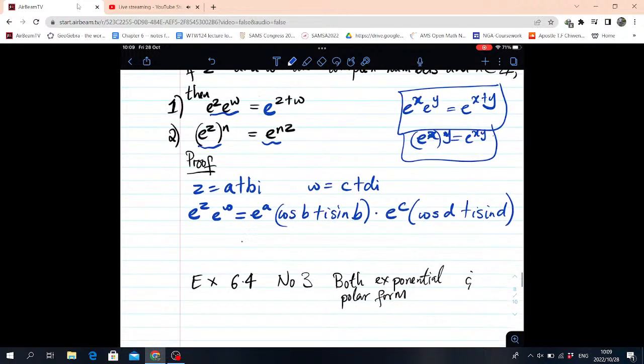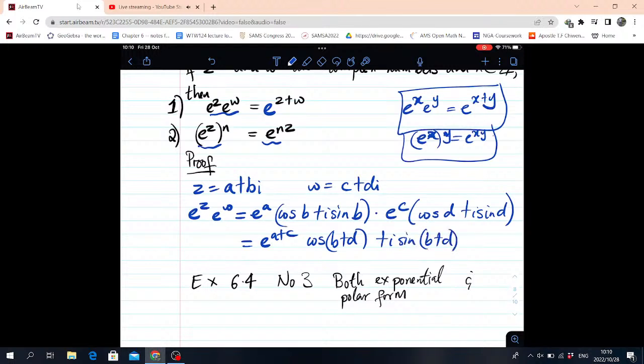And then you apply what you already know, e to the a times e to the c for real numbers. This is true, so that's fine. And then there you just say this is cos b plus d plus i sine b plus d, right?